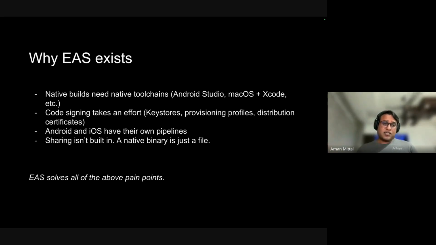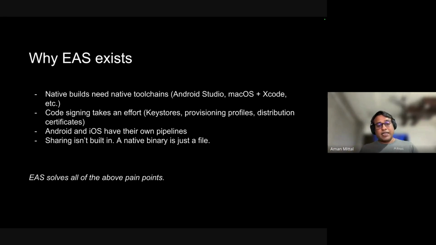There are other stuff like code signing, which is when you publish your app, you need to generate secret keys like key stores, and Apple requires you to do distribution certificates or provisioning profiles. And you also need to keep track of when your provisioning profile is expiring, when you need to generate a new one. EAS takes care of that.